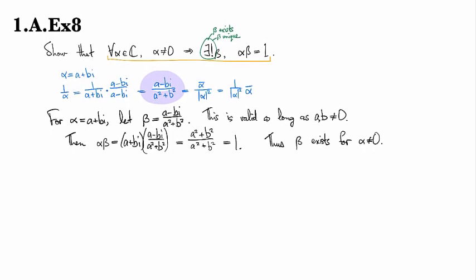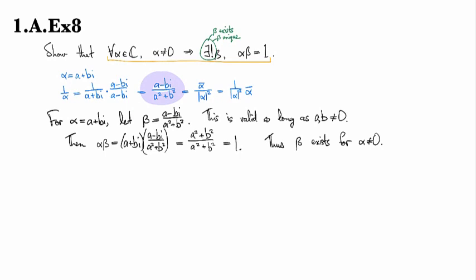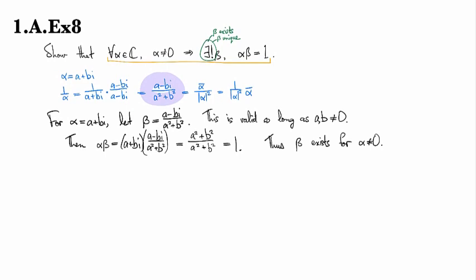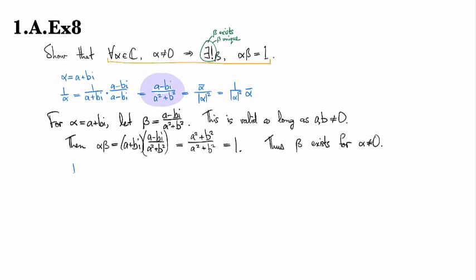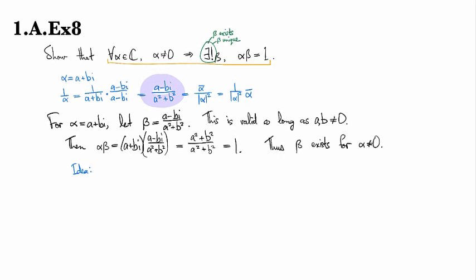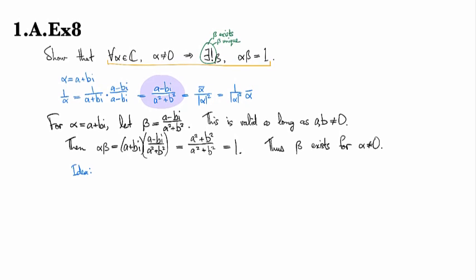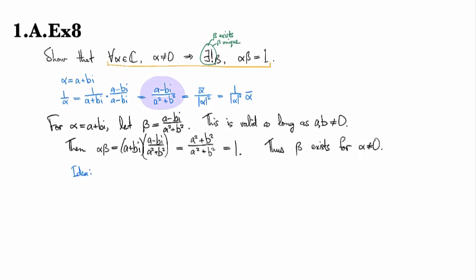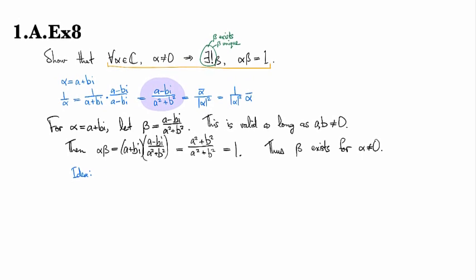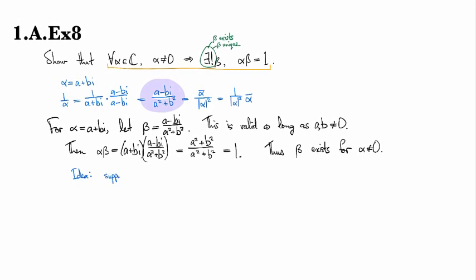So for the uniqueness, we go back to thinking, and what do we have? Well, first off, one idea for when you want to show that something's unique is to say, suppose two different things work.